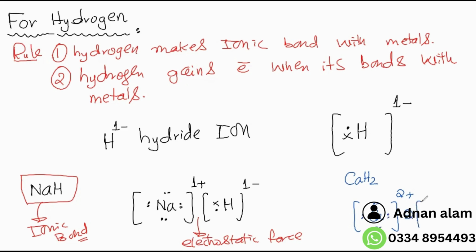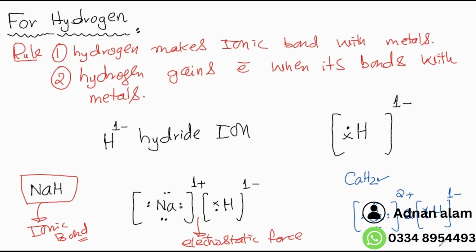On the other hand, one hydrogen will gain 1 electron, but you have 2 hydrogens in the formula, so that is why I place 2. So 2 hydrogens will together gain 2 electrons. So electron gain and loss are equal. Now once again, this is an ionic bond, with hydrogen gaining an electron. So this is the concept for hydrogen.